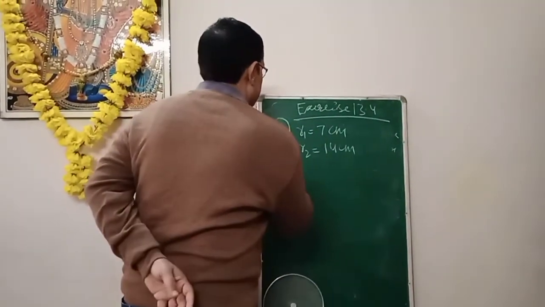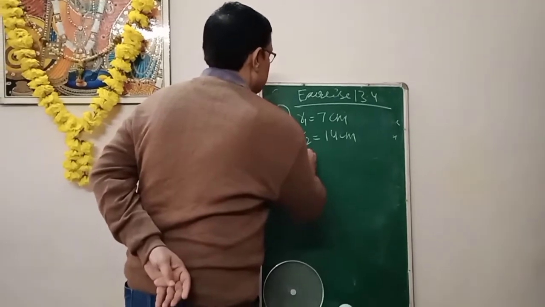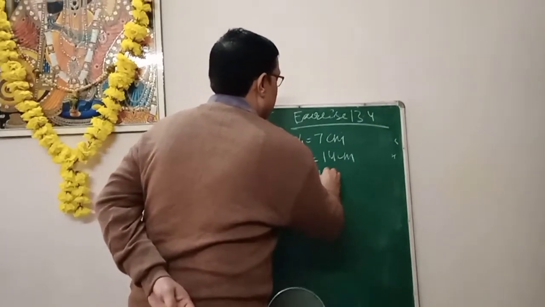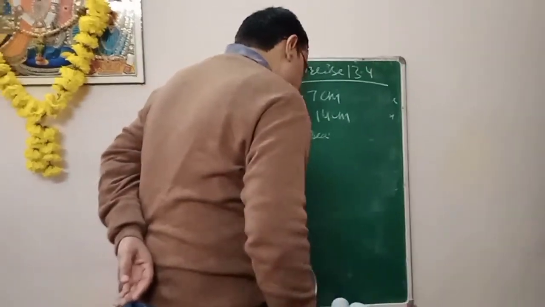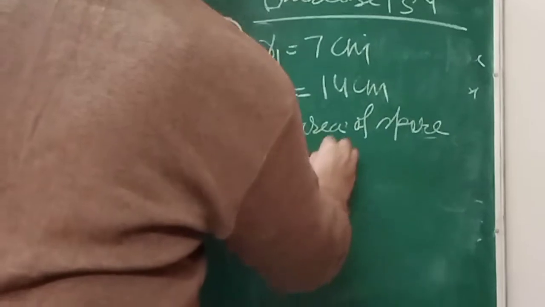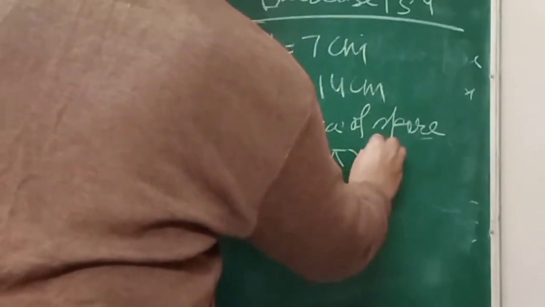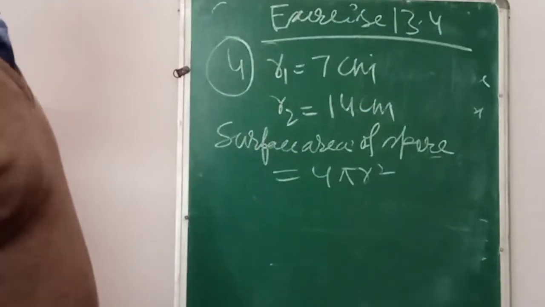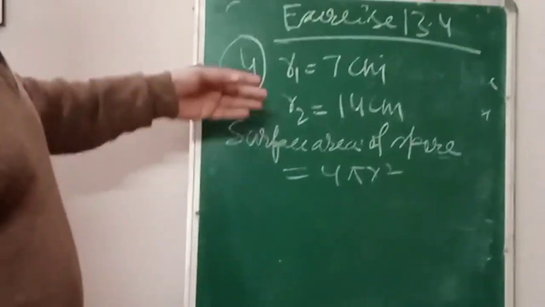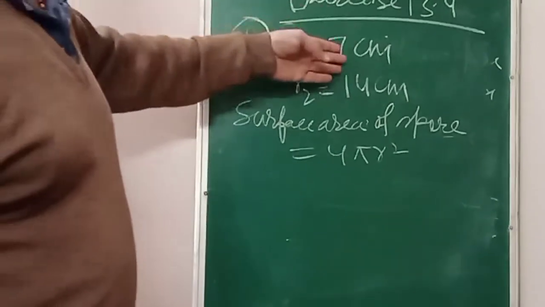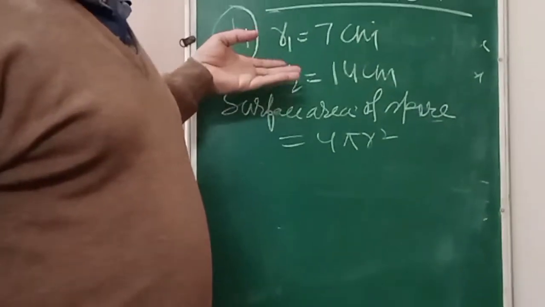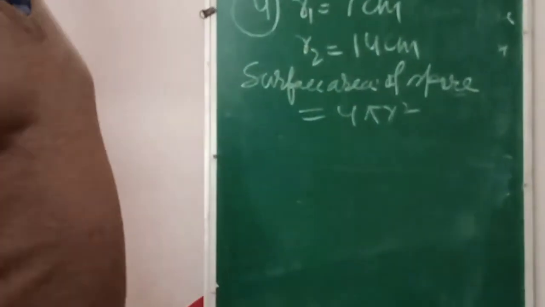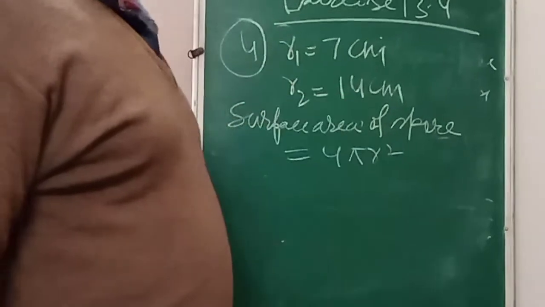So we know the surface area of a sphere is 4 pi r square. Now in the first case the radius is 7 centimeter, and when more air is pumped into the balloon, the radius becomes 14.